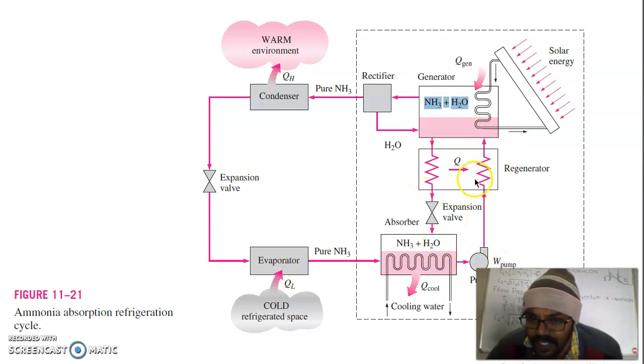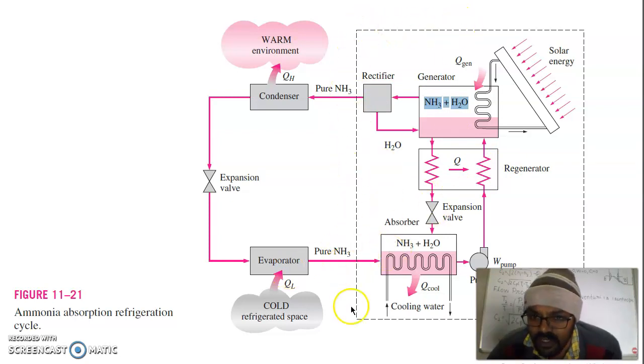Part of the heat is taken by the regenerator from this ammonia-water mixture, so part of the heat is transferred. This part is called the regenerator. So this is an ammonia absorption refrigeration system with regenerator, generator, rectifier and absorber.